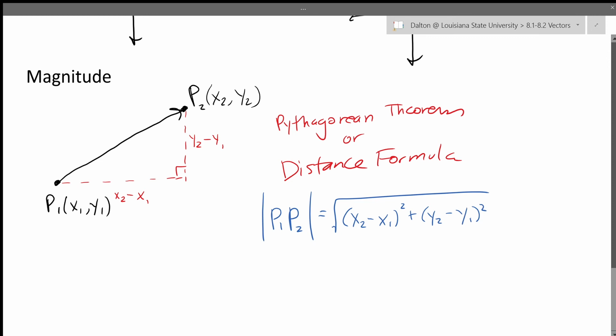And again, if I'm looking at this triangle as the Pythagorean theorem, that would be like a, b, and c. So this would basically be the square root of a squared plus b squared equals c squared. But again, I solved for c, I took the square root. I don't really care how you think about it. It is the Pythagorean theorem / distance formula.